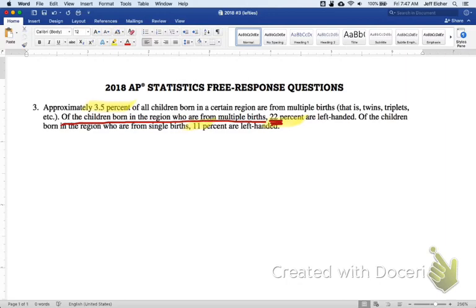So my first thought would be to do a tree diagram. So first, kind of chronologically, are they from a multiple birth or a single birth? And we're told 3.5% are multiple birth.